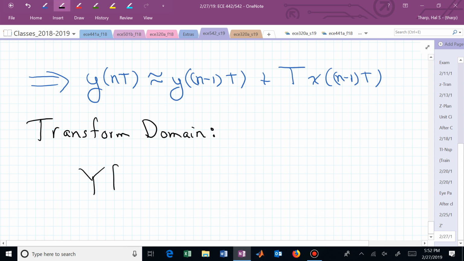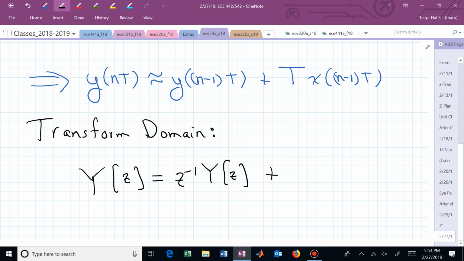The left-hand side now is just capital Y of z. If that's the z transform of little y of n, what's the z transform of y one sample period before that? That's now where we can use our operator z to the minus 1 times capital Y of z. And finally, we can do the same thing with x. It's now delayed by 1 from t, or little n capital T. This is now T z to the minus 1 capital X of z.